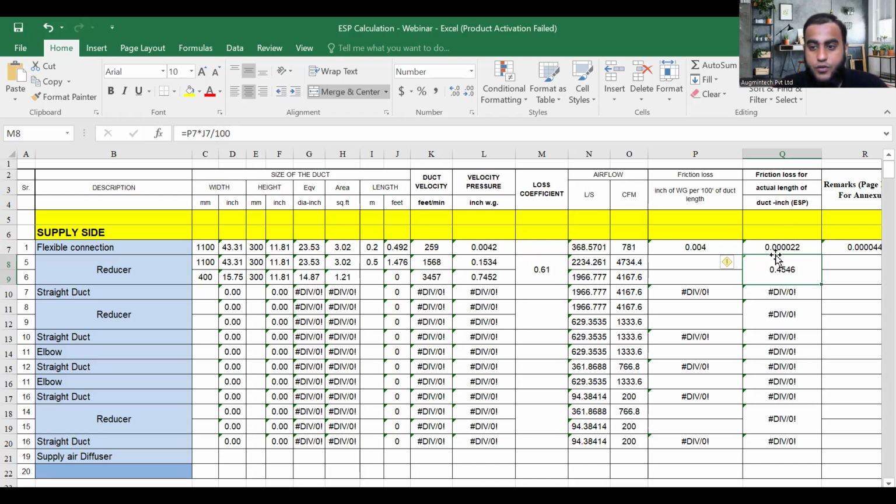So actually here the formula is not correct. So apply the formula, where is velocity pressure value? Sorry, 1 minute, just go back. How much we are getting here? P7 into J7. Okay, P7 into J7.